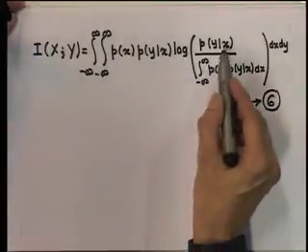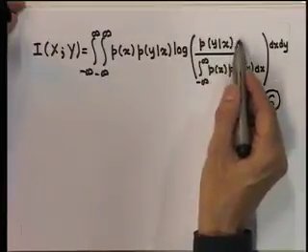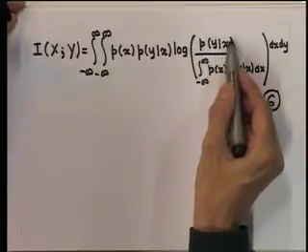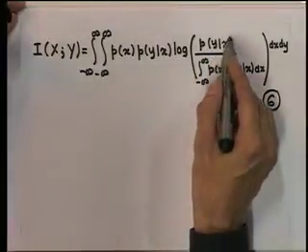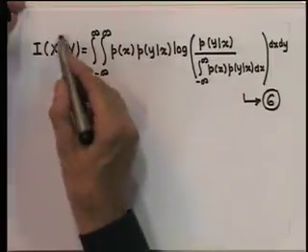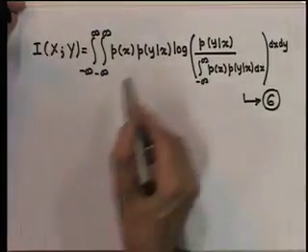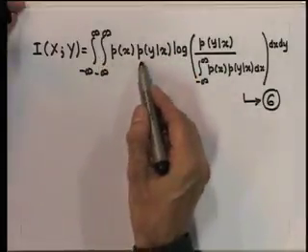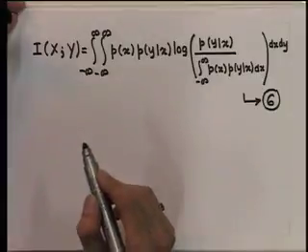Now, the conditional probability density P(y given x) is characteristic of a given channel. Hence, for a given channel, mutual information I(x;y) is a function of the input PDF P(x) alone.